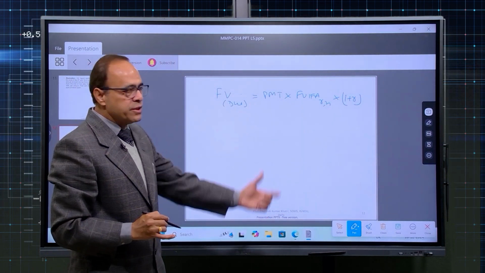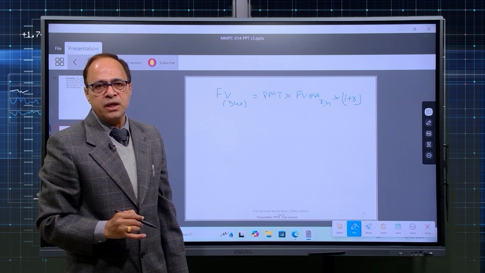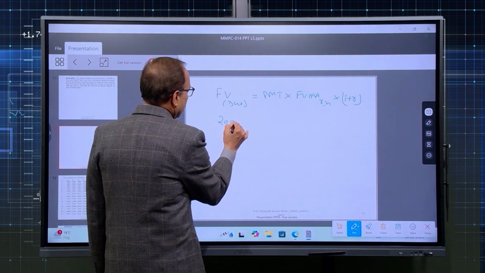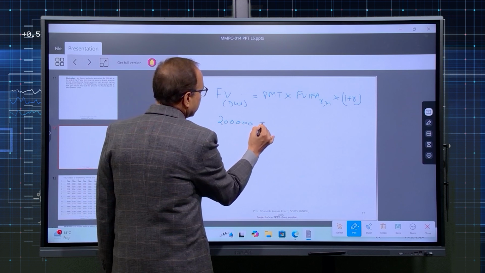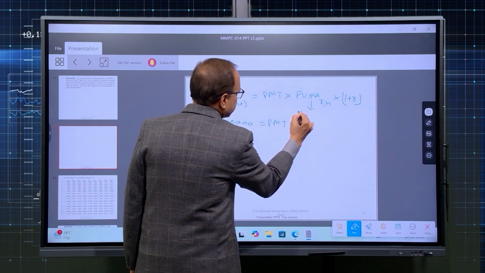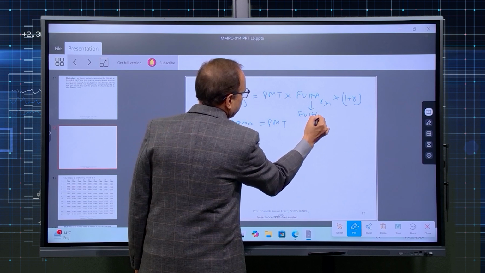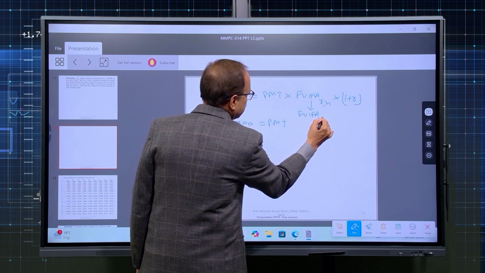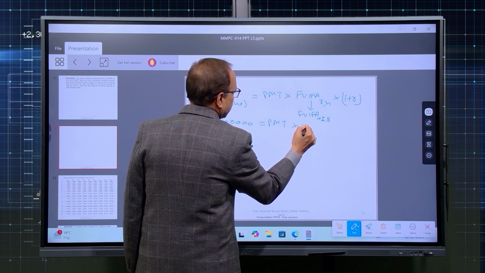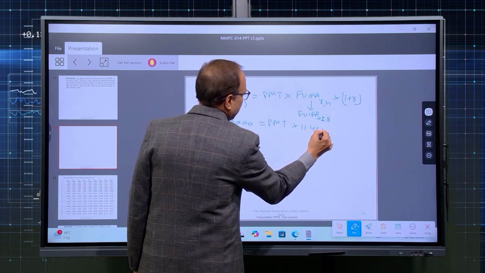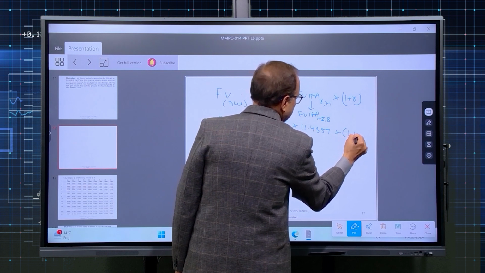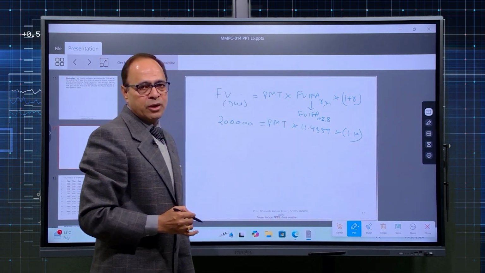Now, if you solve this equation to find out the unknown PMT, what is my future value required? 2 lakh. PMT is not known to me. This factor we just located, FVIFA, at the rate of 10% for 8 periods, 11.4359, and 1.10, because 1 plus R will become 1.10.